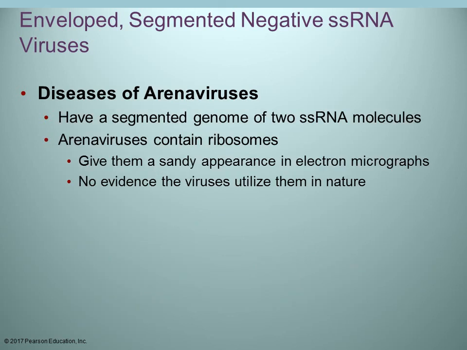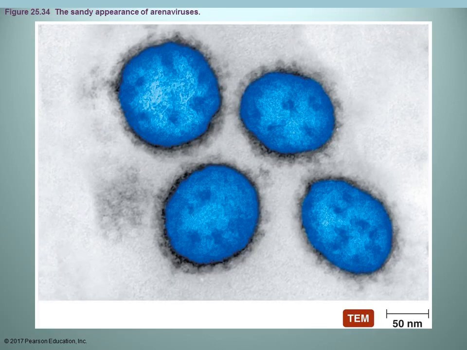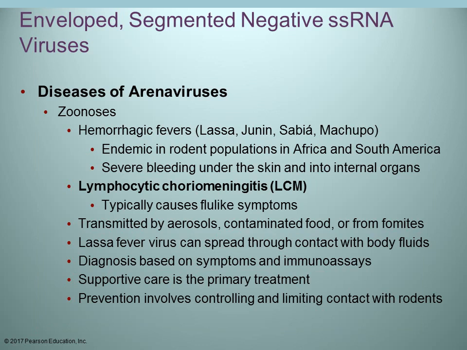Arenaviruses contain some ribosomes, it looks like, within them. So they're kind of unusual looking, kind of sandy. Hemorrhagic fevers are some examples: Lassa, Junin, Sabia, and Machupo.